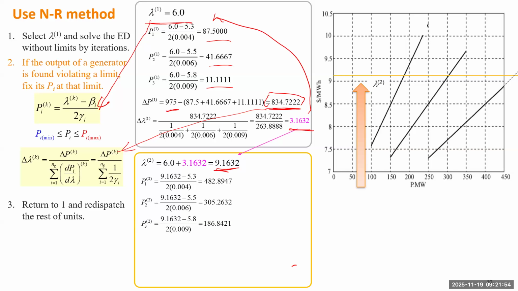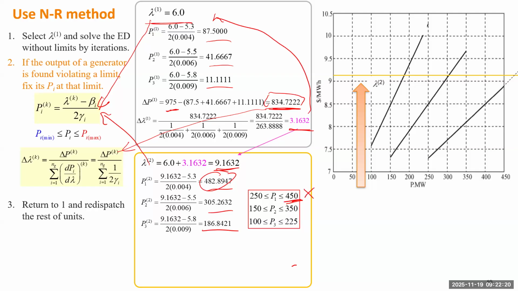Then you plug this new lambda into the first formula again. You have 3 values for the generator output. So you compare those outputs to the limits. The first unit is not okay because this value is over the upper limit.